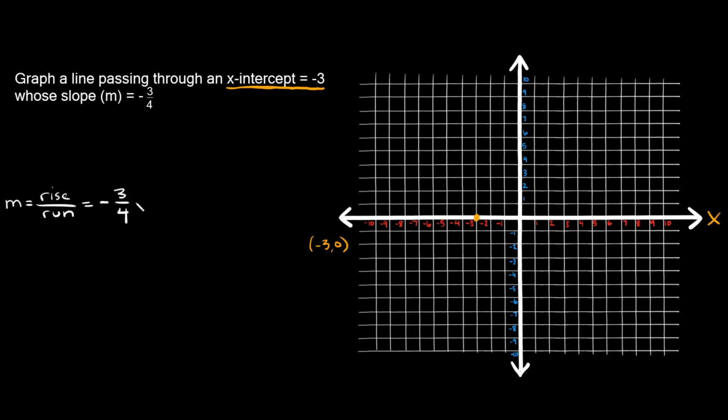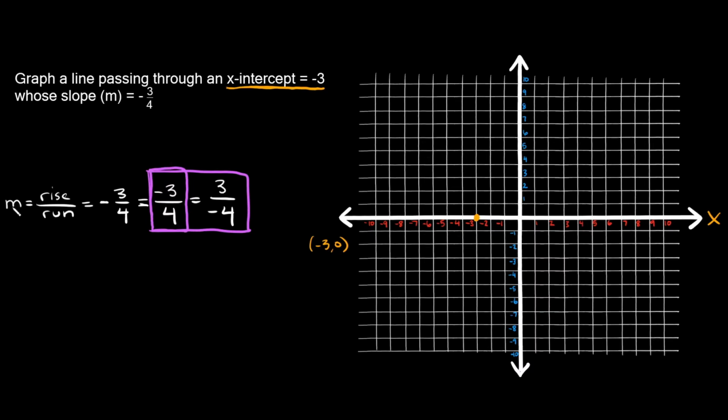So for that reason, we either put the negative sign on the top, so we would have -3 over +4, or on the bottom, so we would have +3 over -4. Either one of these would be acceptable. I'll show you that they both work, but let's start with the one on the left, -3 over 4.